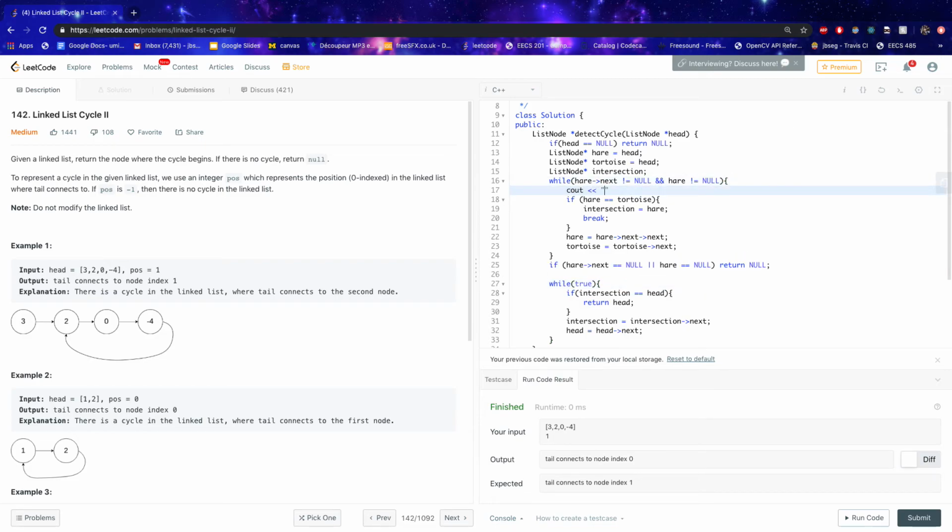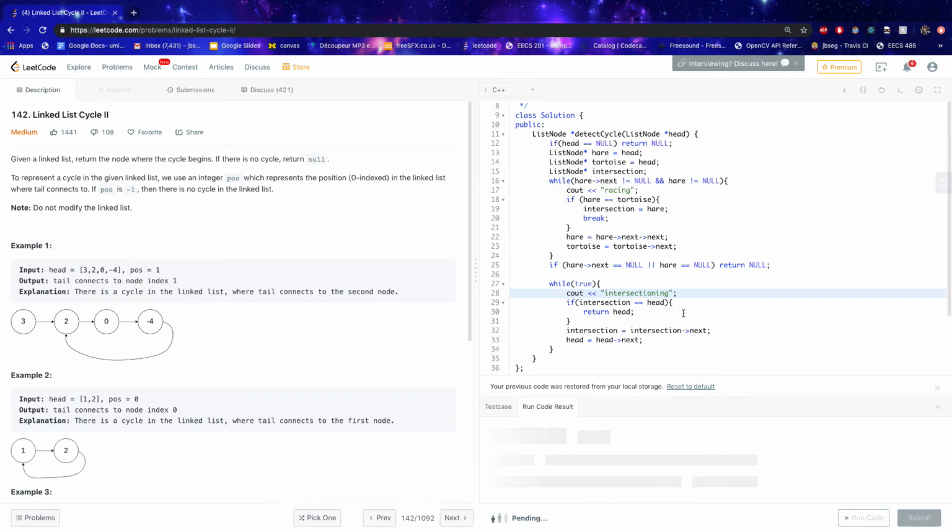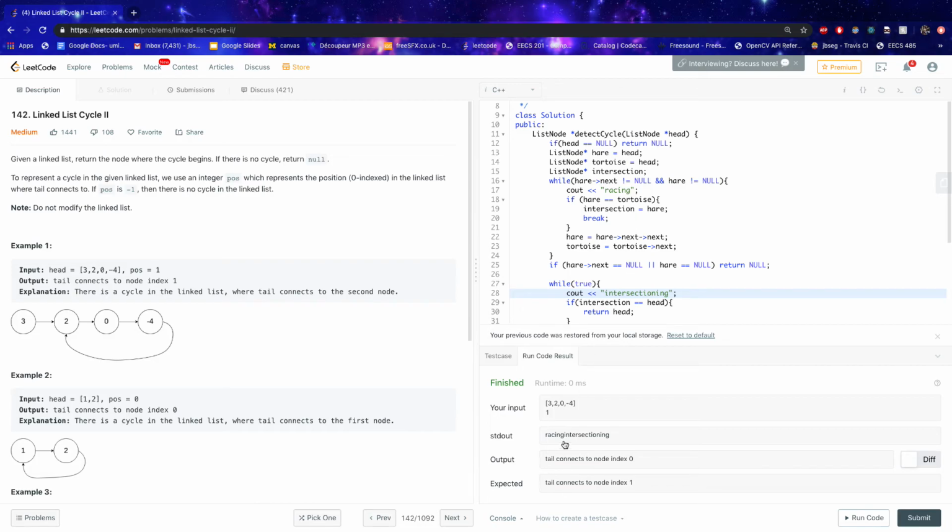Cout racing, cout intersection. I just want to see how many times each one of these goes through. So racing went through once and intersection went through once. Is that correct? I don't think so. No, it's definitely not correct.